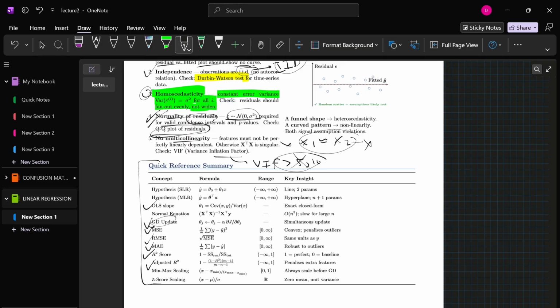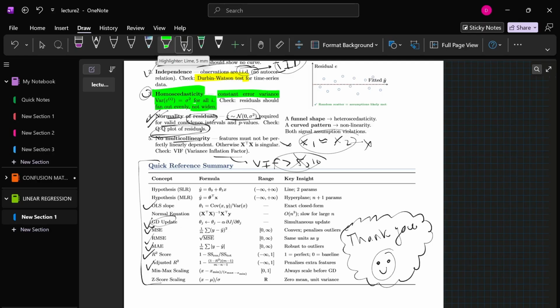So we have completed linear regression. There are many other types of regression, but this is the baseline you need to understand before getting into any ML models, DL models and neural networks. So thank you.